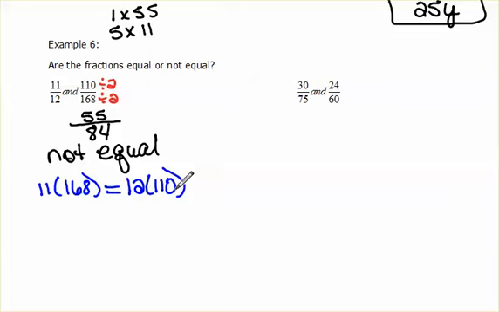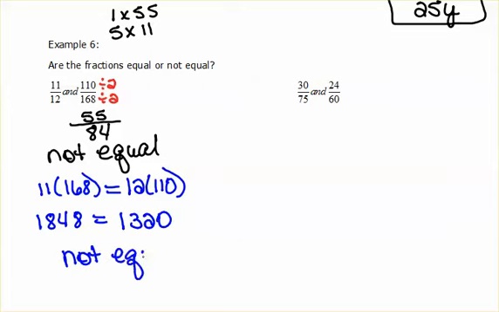So let's see, 11 times 168 would be 1,848, and 12 times 110 would be 1,320. So that is another way of proving that those things are not equal.